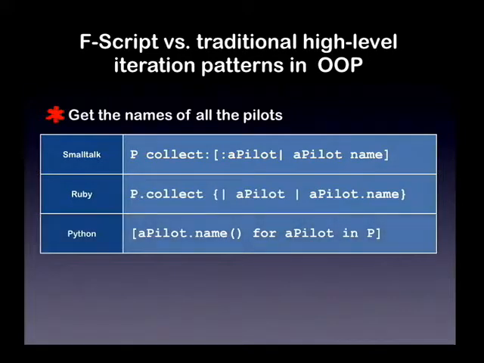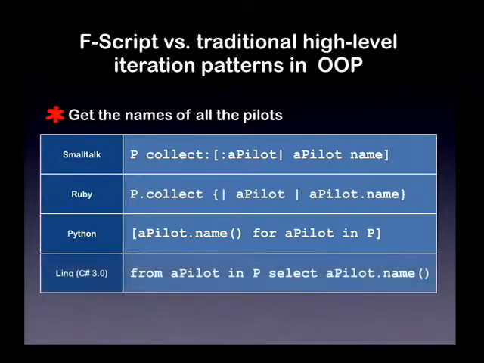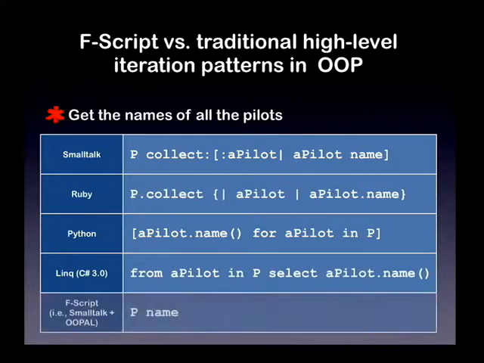In Python, we will probably use this form, which is the list comprehension form. In C# 3, we'll use this new LINQ system, which has a SQL-like syntax, and which uses lambda expressions behind the scenes. And here is how we do it in FScript.